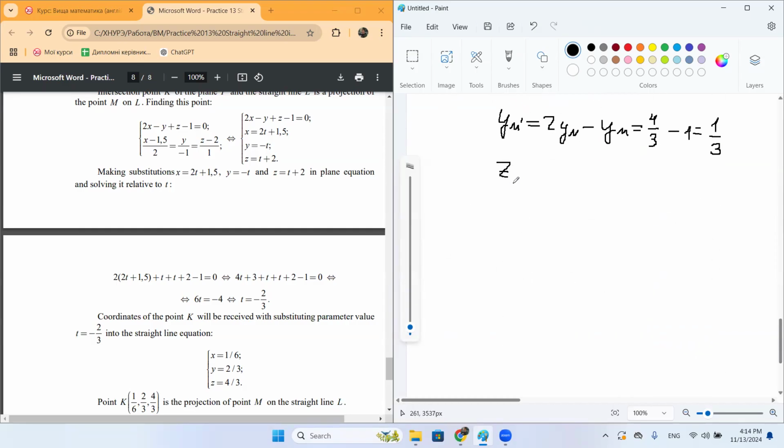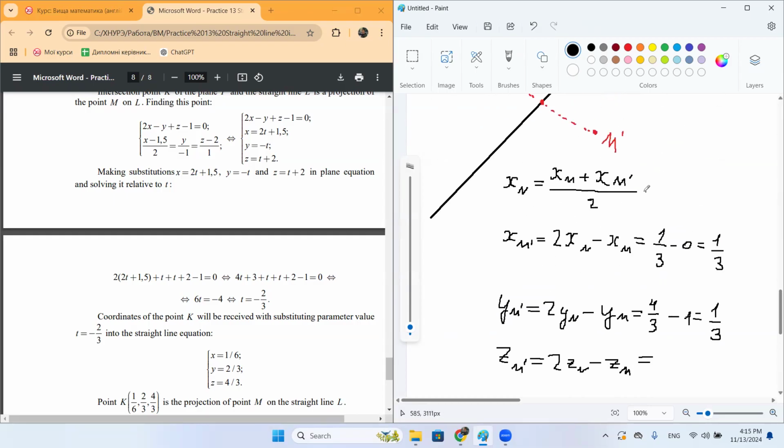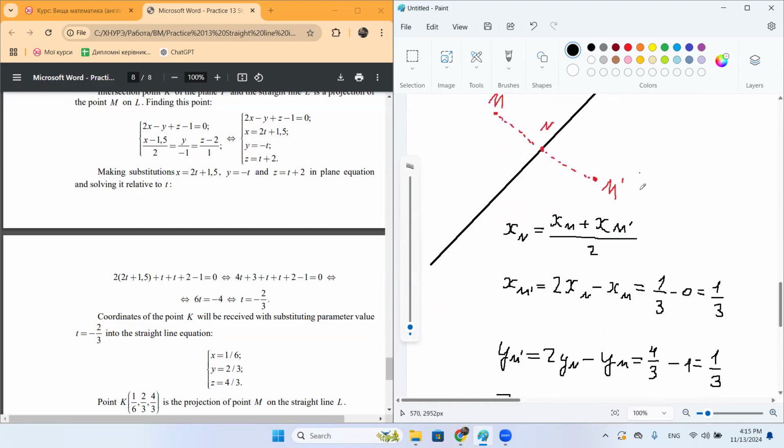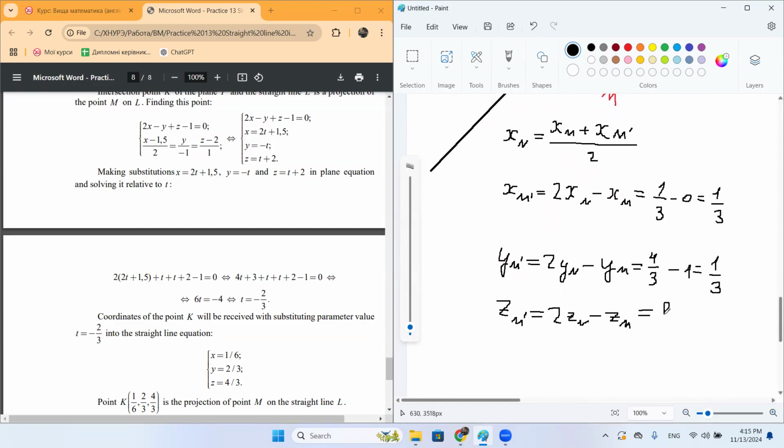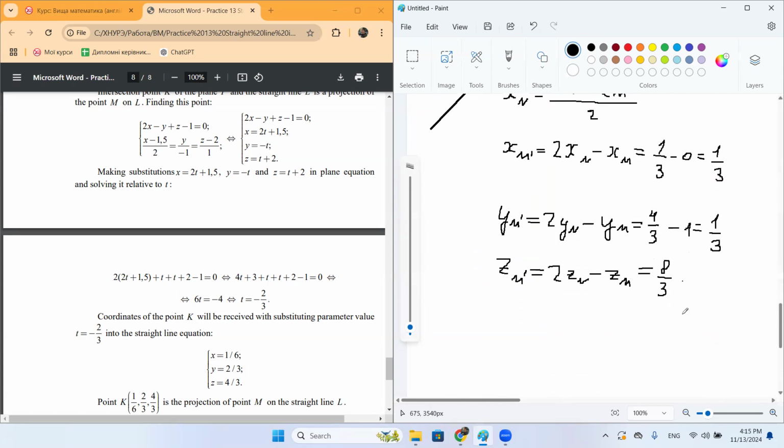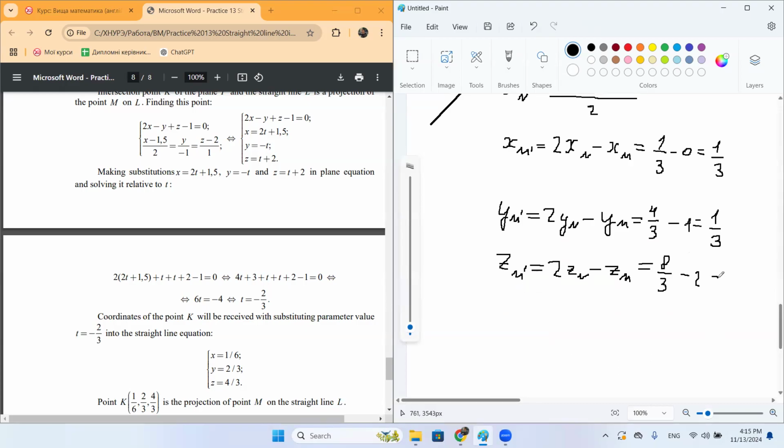And z of M prime equals 2zn minus zm, and it equals 8/3 minus 2, and it equals 2/3.